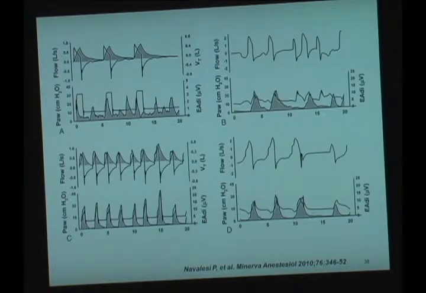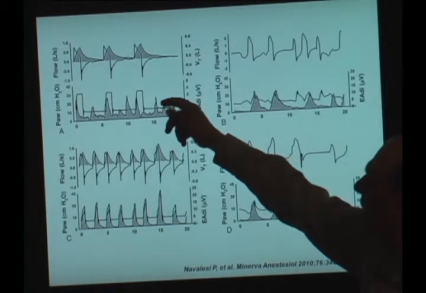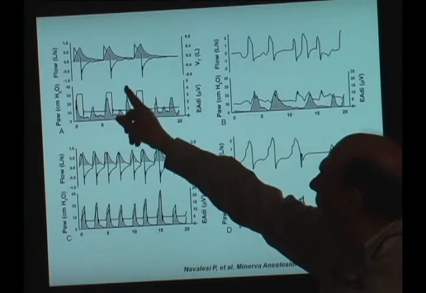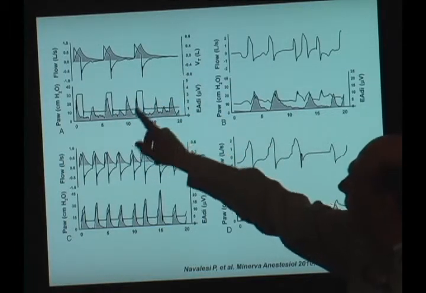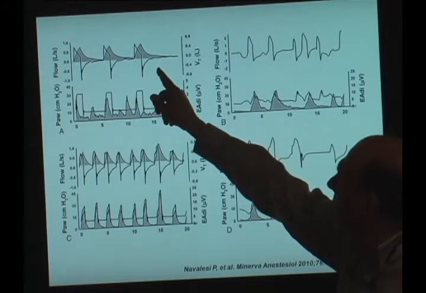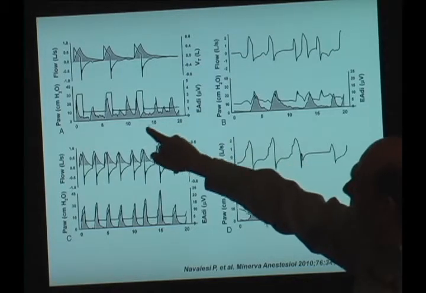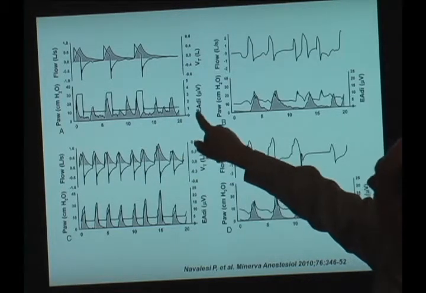Well, NAVA can also be used in intubated patients and in patients with non-invasive ventilation. In this study, we can see how changing pressure support in an intubated patient, we have the flow curve, then the volume curve is the other one, gray, and here we have pressure and EAdi.